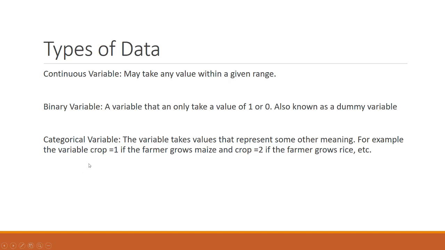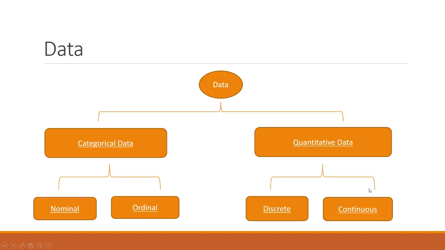So for example, we could say the crop variable equals 1 if the farmer grows maize, and the crop variable equals 2 if the farmer grows rice. The 1 and the 2 as numbers don't matter. They just matter in the sense that they're labels for the type of crop. Okay, let's get even a little bit more systematic here. Let's break this down into some categories. If we have data, data falls into two broad categories: categorical, which we mentioned, and quantitative.